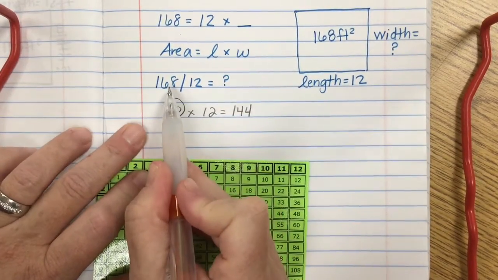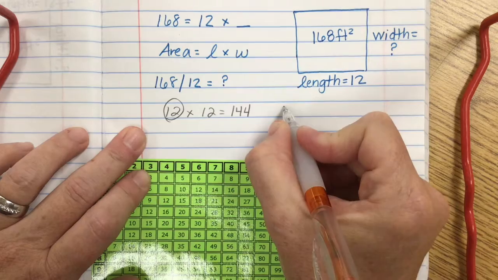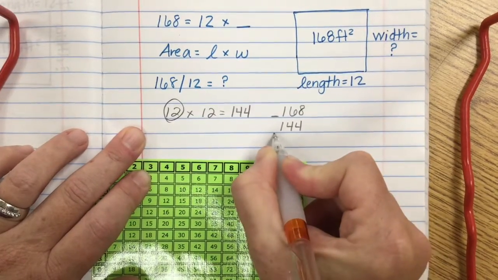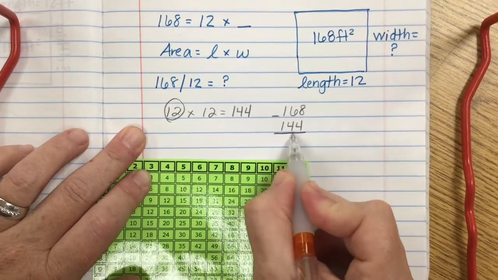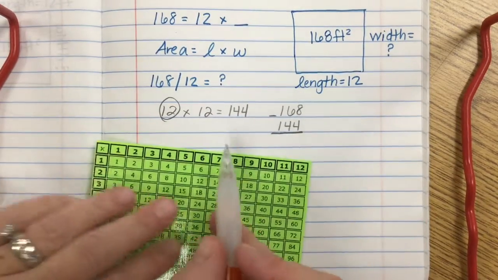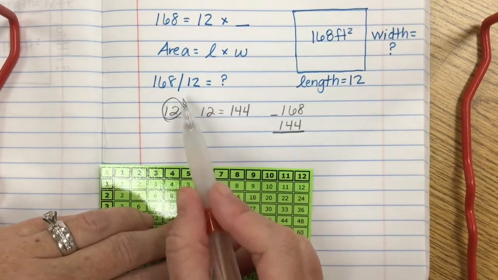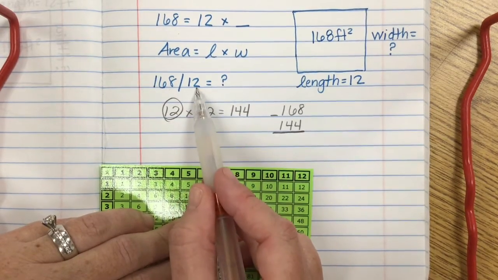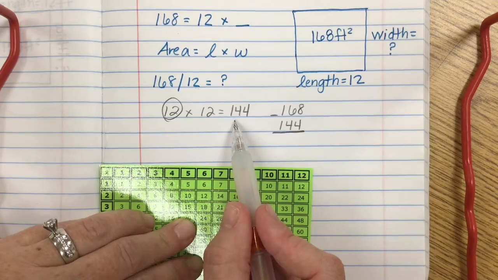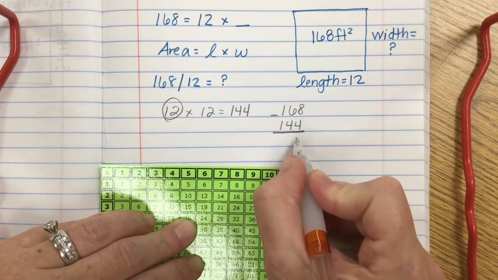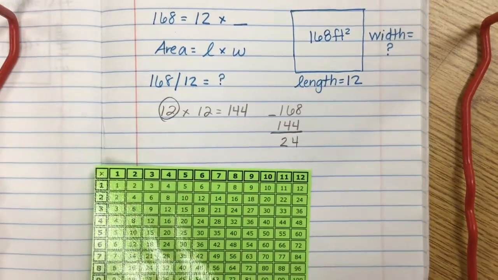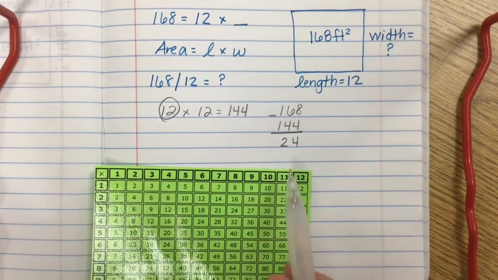And then what they did is they subtracted 168 minus 144. And can you think of why they would have done that? So they did that because they've already found 12 groups of 12. And when they found 12 groups of 12, that got them to 144. So now as we subtract, 8 minus 4 is 4, 6 minus 4 is 2, so we're left with 24 still.